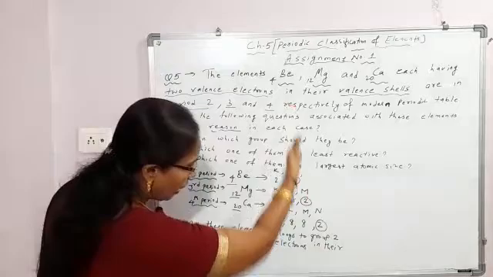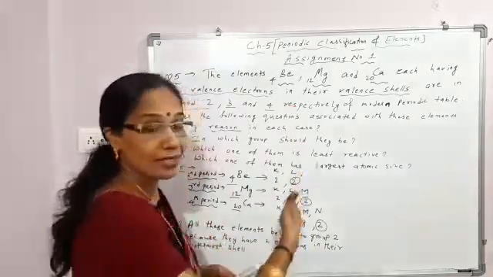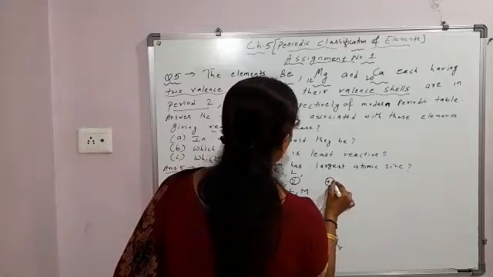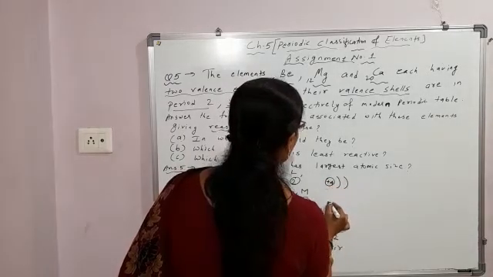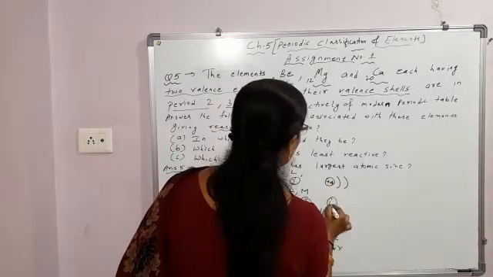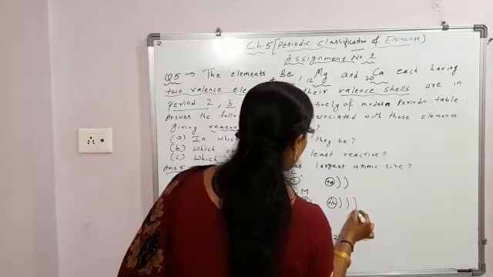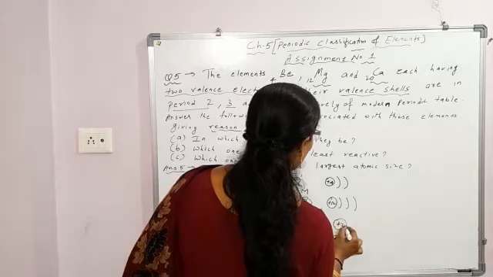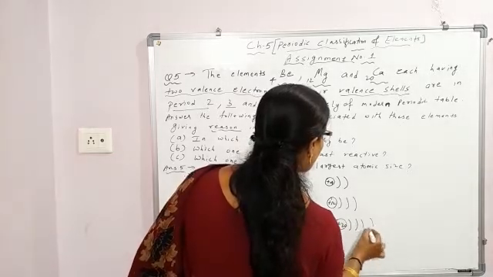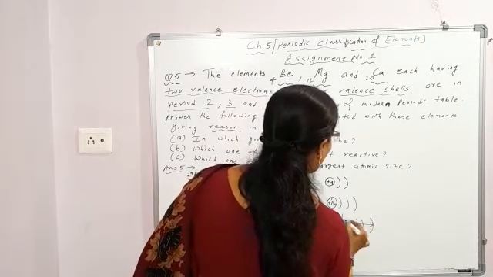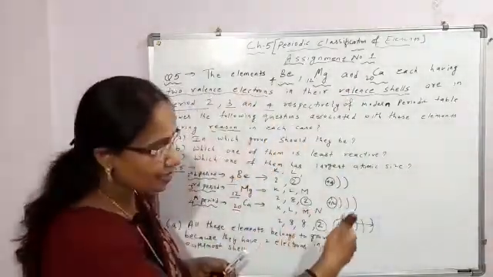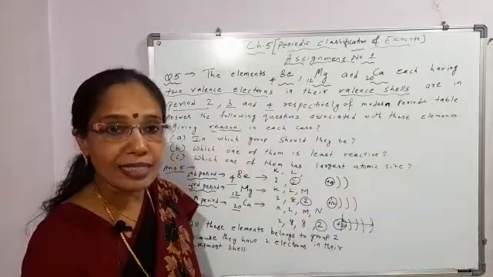So, as we move down the group, what is increasing? Number of shells. Here 2 shells. When you come to magnesium, 3 shells. When you come to calcium, 4 shells electrons are filled. So as you move down the group, the number of shells in which the electron is filled increases.